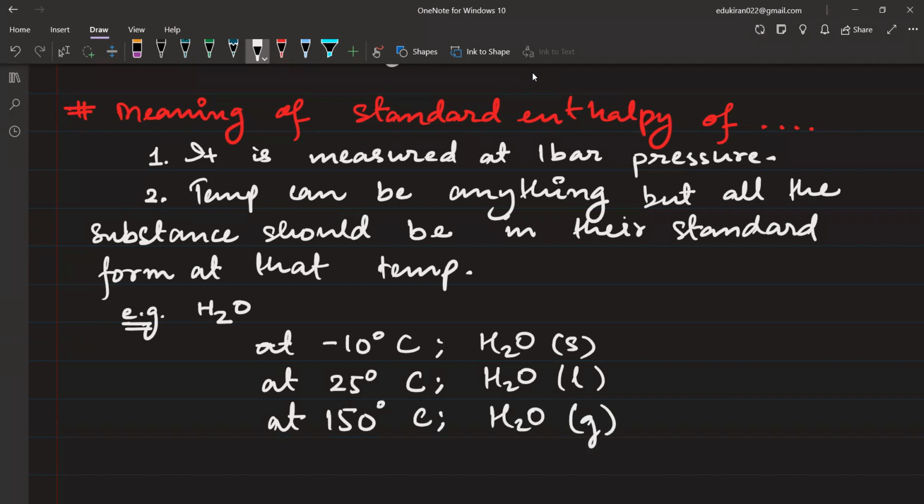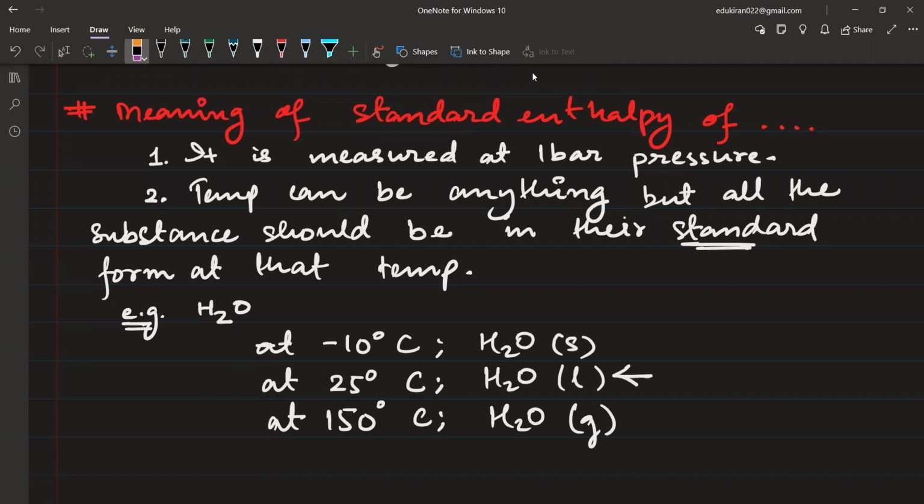So in standard enthalpy the temperature can be anything, but whatever substance you are using should be in its standard form. If you are calculating any standard enthalpy at 25 degrees Celsius and we have water, then you are going to take it as liquid, and not solid or gas. So please remember this. This is the meaning of standard enthalpy.